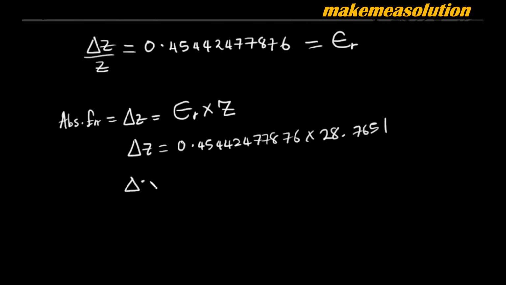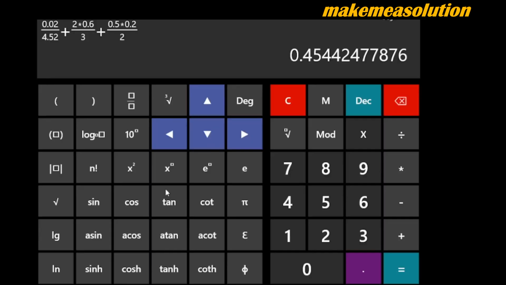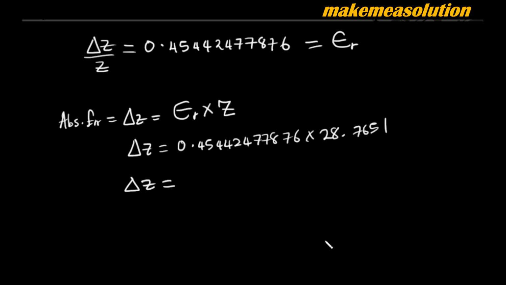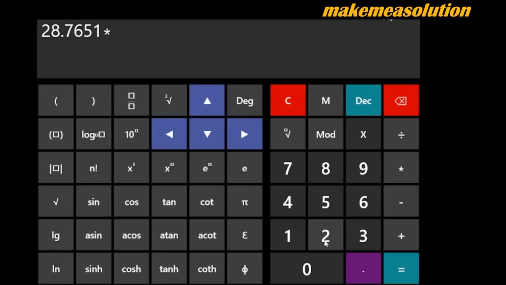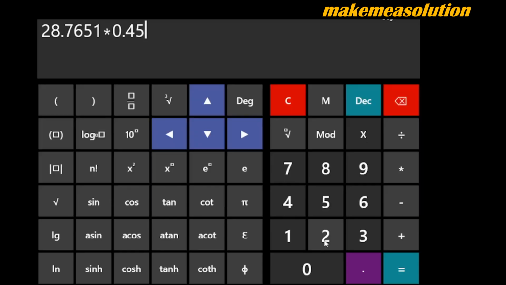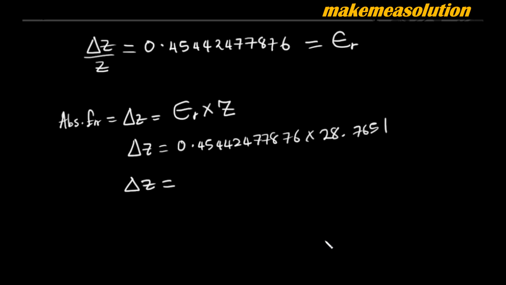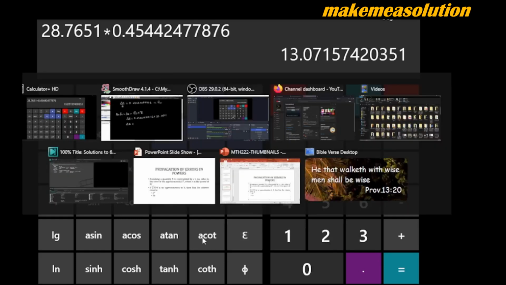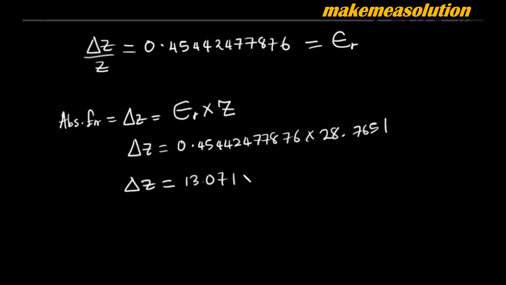So our absolute error is going to be, let's just evaluate this, 13.07157.